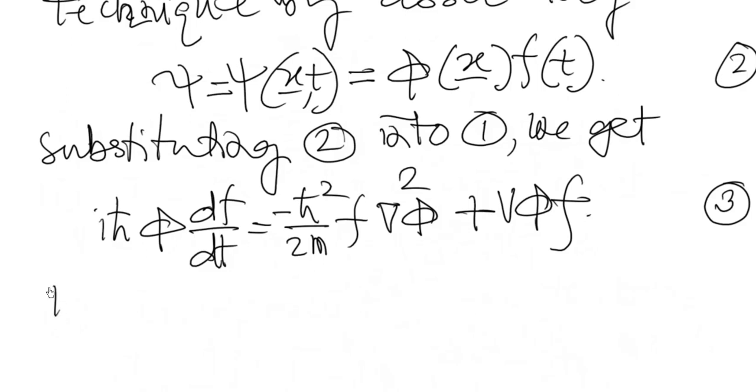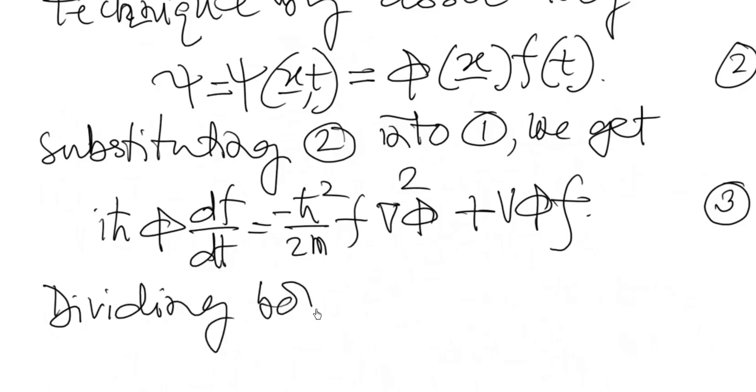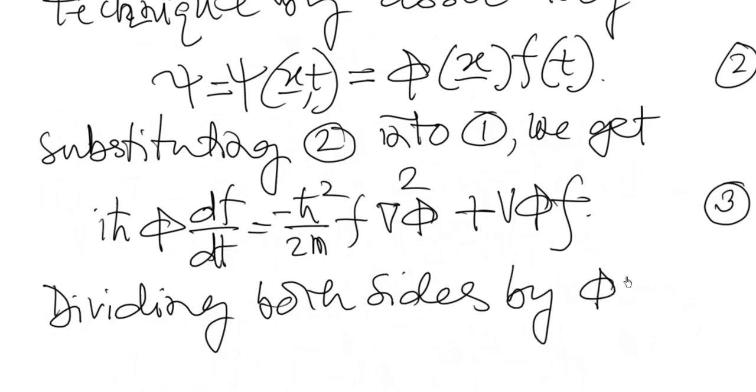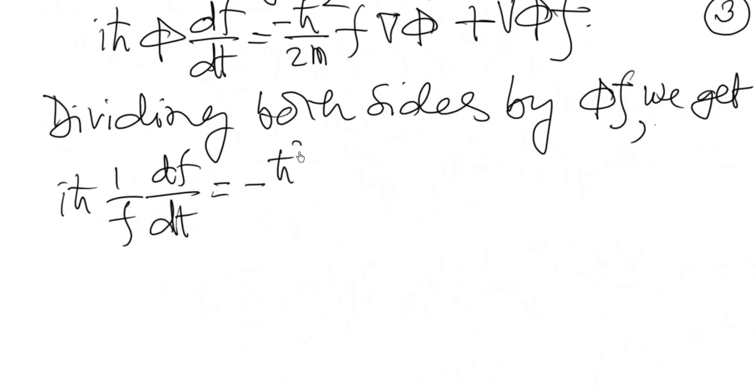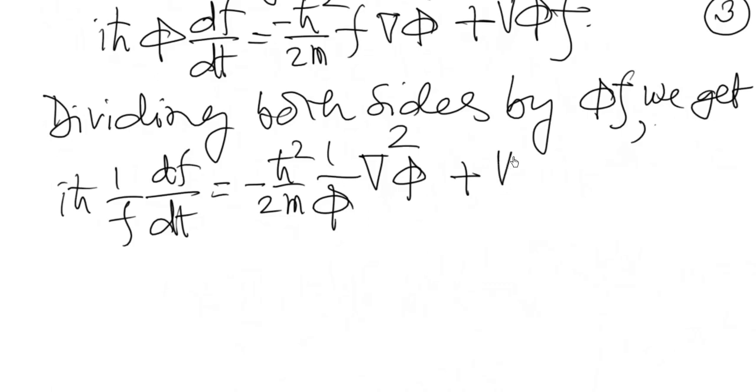Now dividing both sides by phi and f, we get, let us suppose this is equation 4.